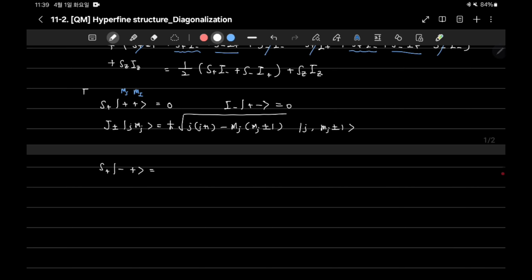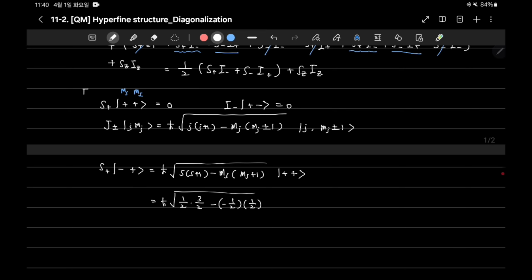So it makes h bar square root of s plus 1 minus ms plus 1, because it is a raising operator. Then h bar square root of 3/2 minus, spin down minus 1/2, and plus 1, so 1/2.